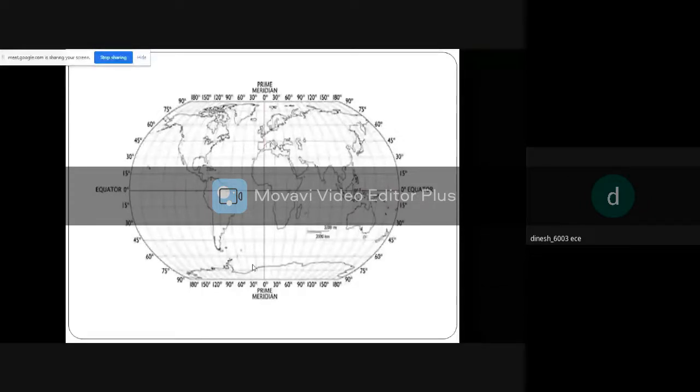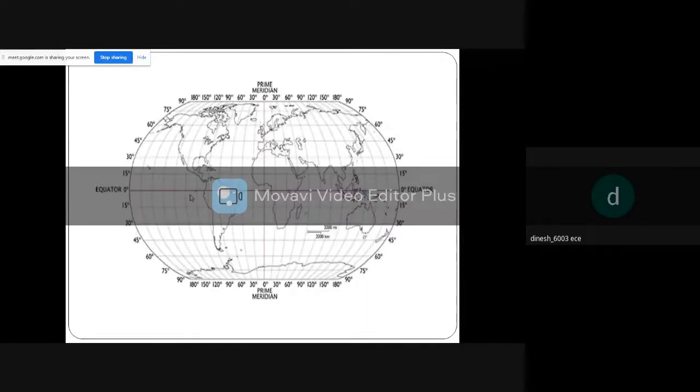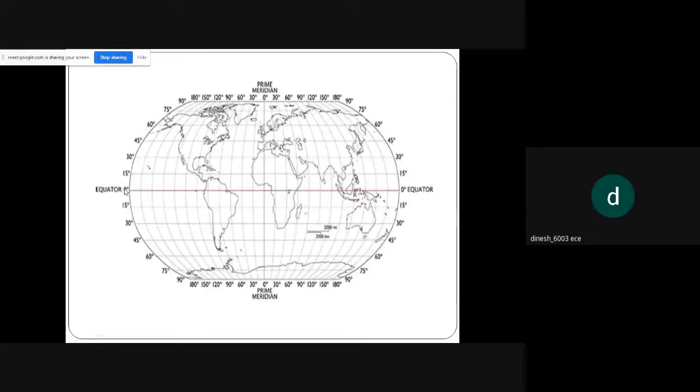Then in the other direction, we divide into two halves first, running from the center 0 degree, which we call the equator. The equator is the center which divides the globe into the northern hemisphere and the southern hemisphere.